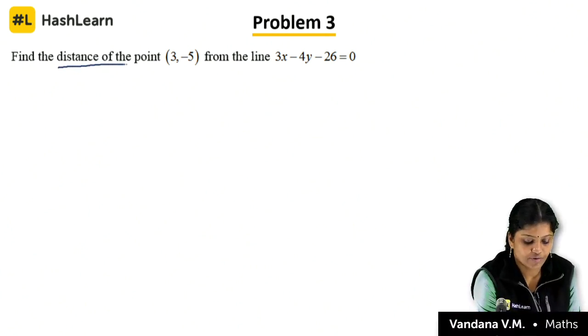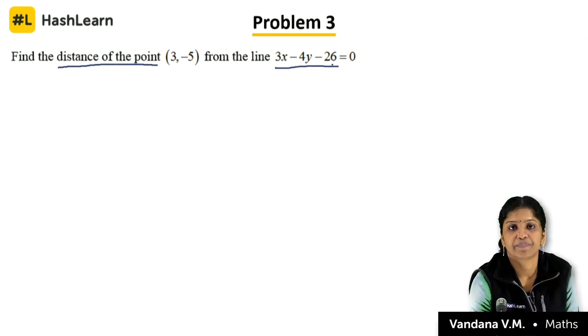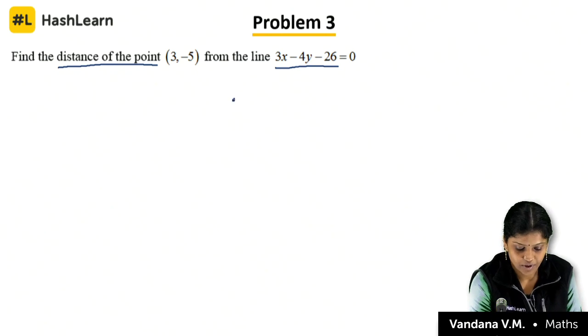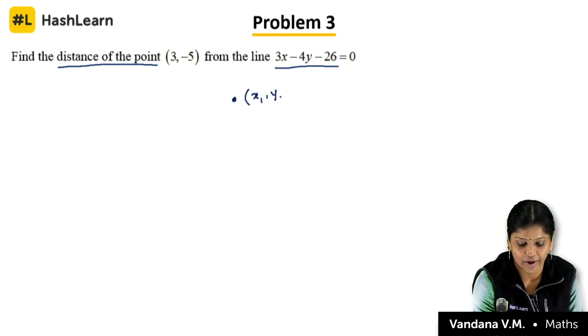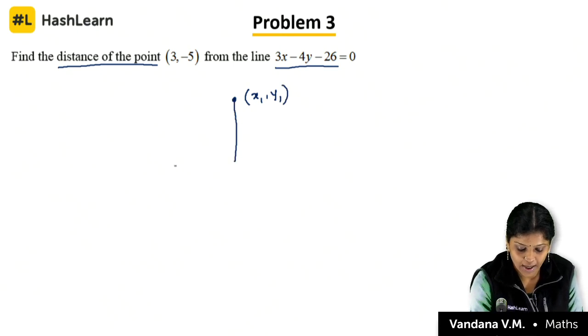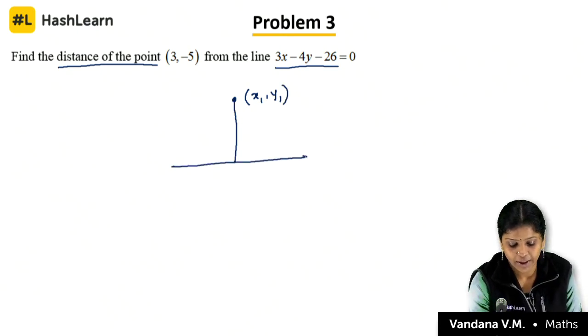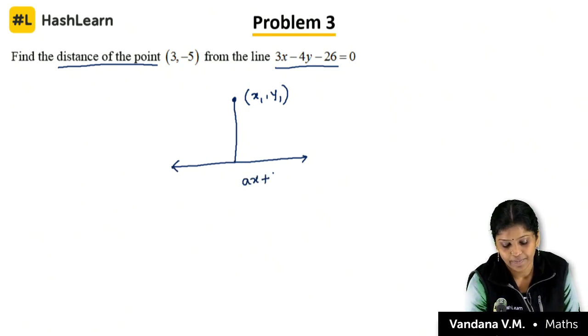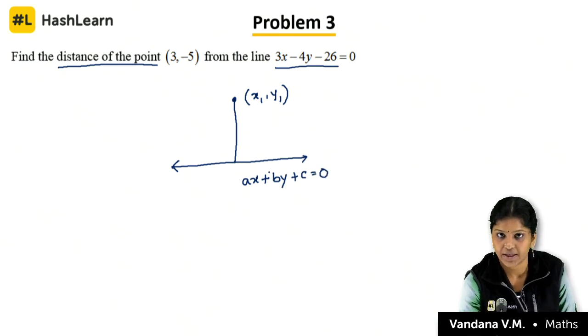Now, the distance of a point from a line. See here, there is a point, think of it as x1, y1, and a line. Let me tell you first the general format: ax plus by plus c is equal to 0. Here there is a line, here there is a point.